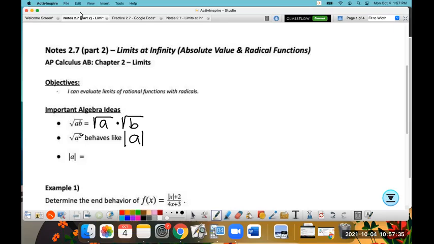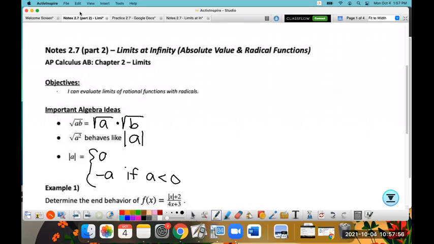Does that make sense? Does anyone remember the piecewise definition of the absolute value function? Perfect.